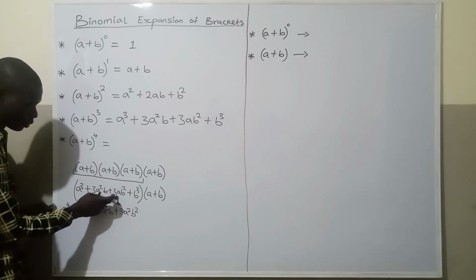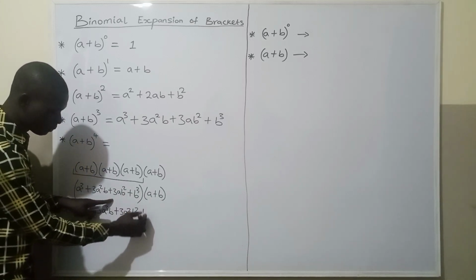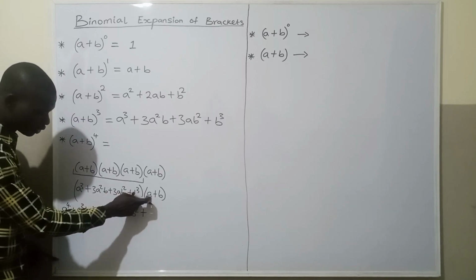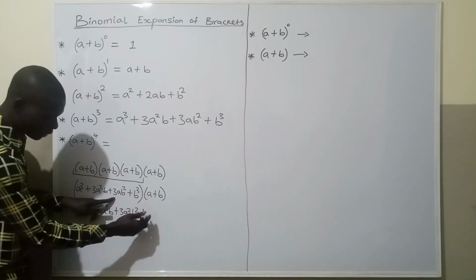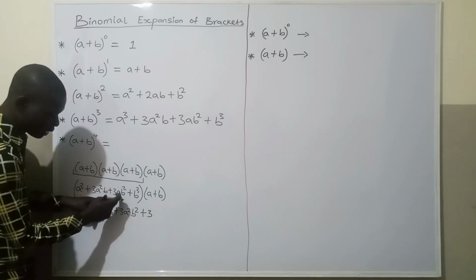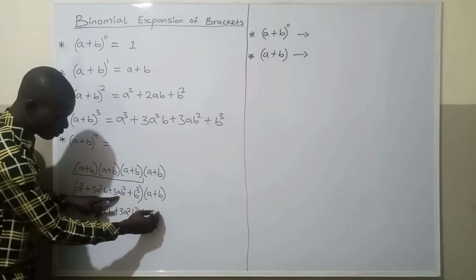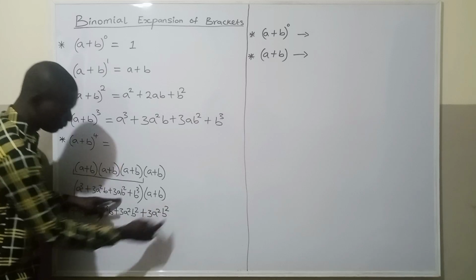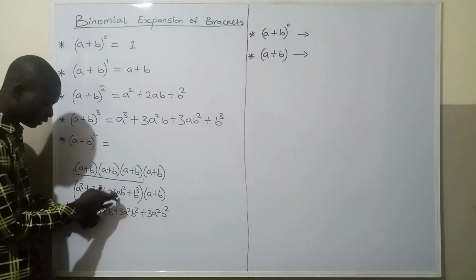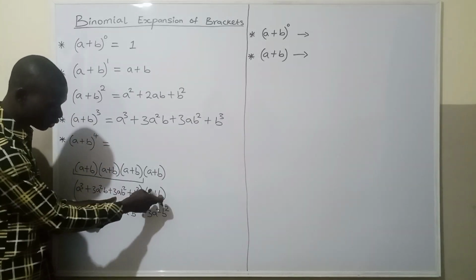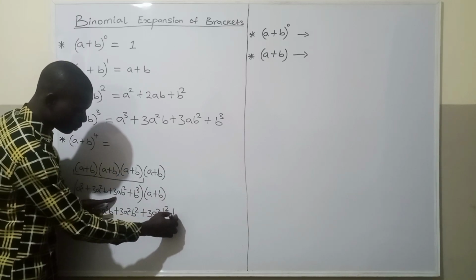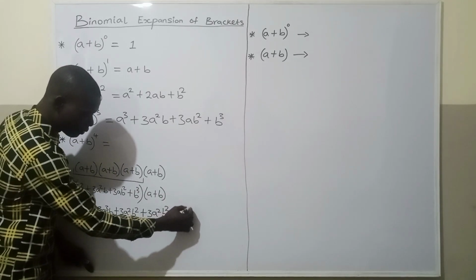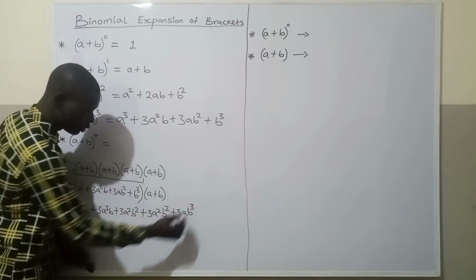B squared. So we go for the next one now, which is plus 3ab squared multiplied by a. So first of all, we are going to have 3, then a times a, that's going to be a squared, and then we have b squared with it. That's the order. The next one is still this 3ab squared multiplied by b, and that's going to be 3ab cubed.